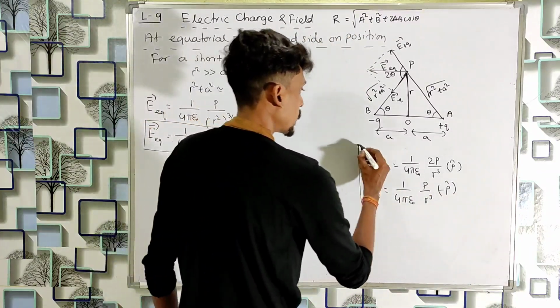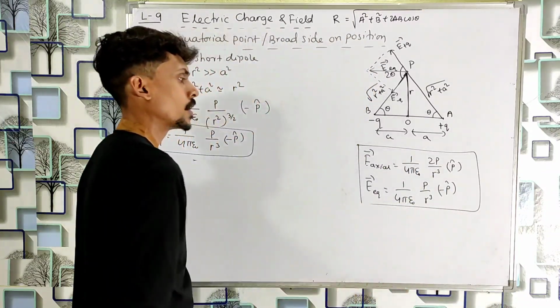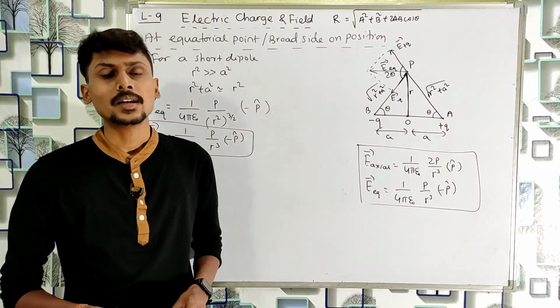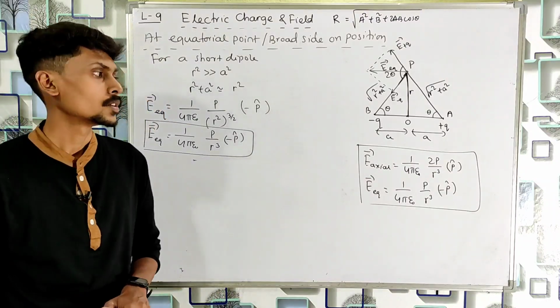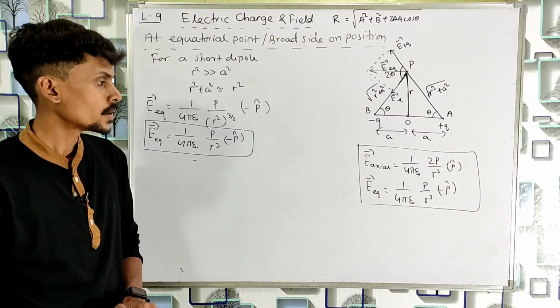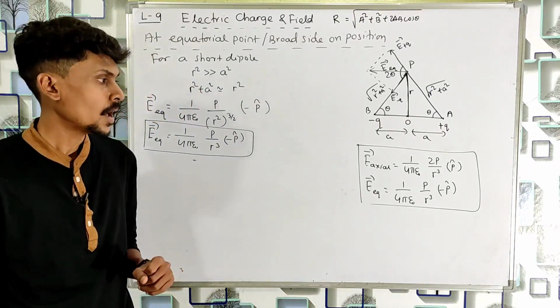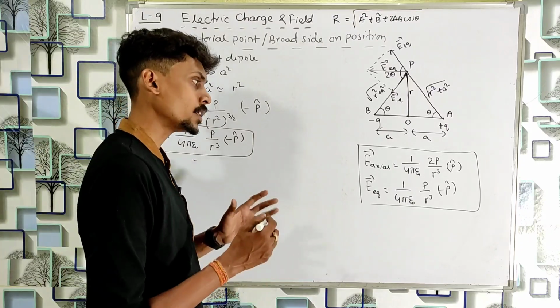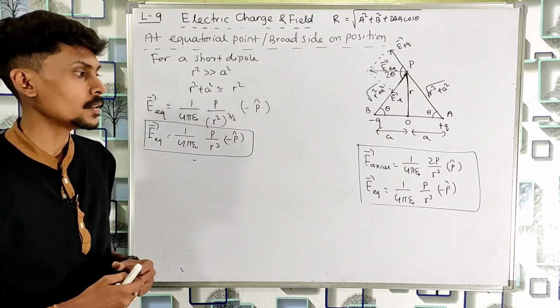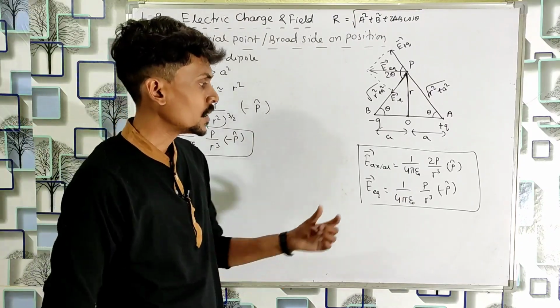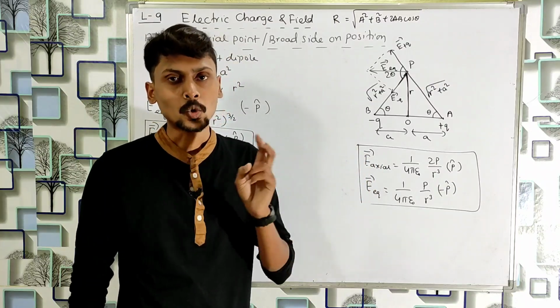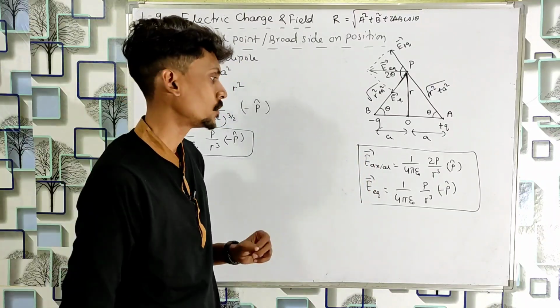From this expression you can see that E axial is parallel to the dipole moment, but E equatorial is opposite to the dipole moment. And if you look at the magnitude of E axial and E equatorial, you can see that E axial is 2 times E equatorial.